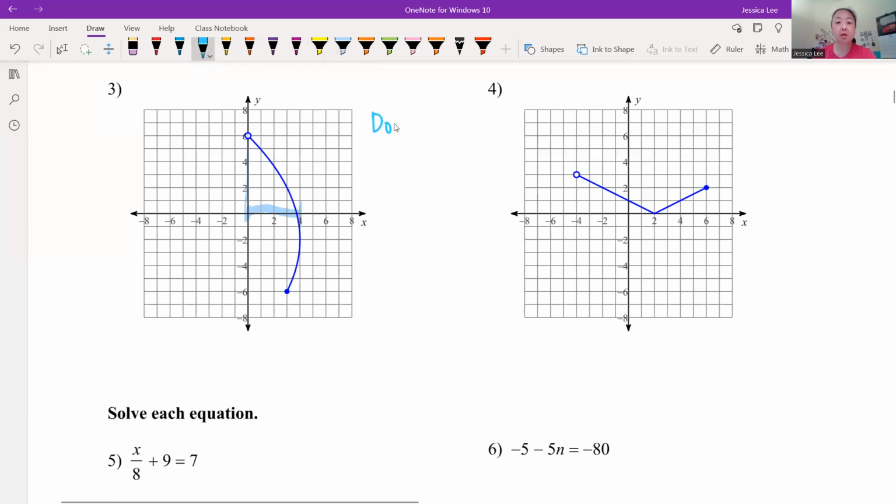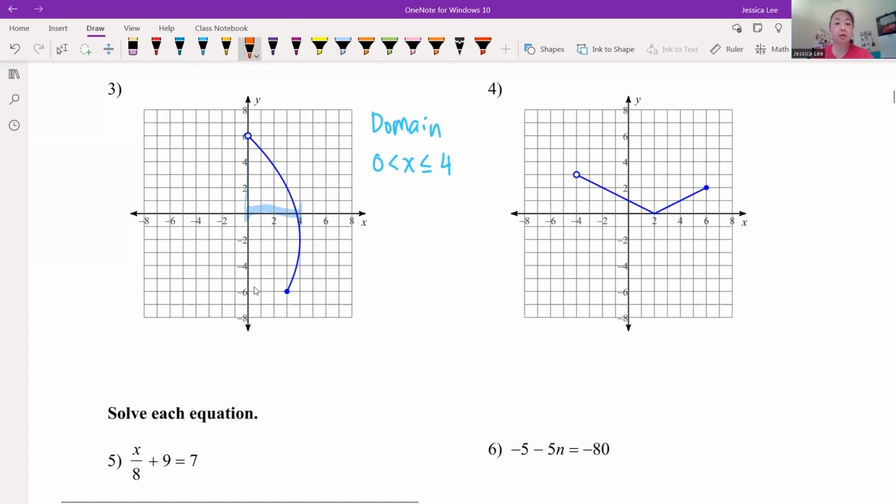For the domain, we go all the way from 0. At 0, it's an open circle, so 0 is less than x, and on the very right, it's less than or equal to 4. Remember, we're always going smallest number first and then biggest number. So first is the 0 and then it's the 4.